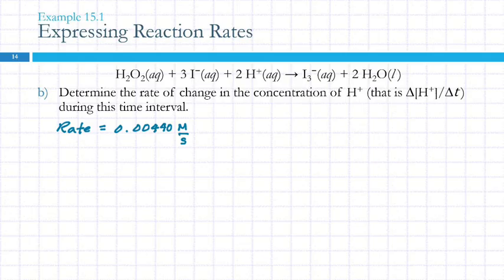Well, we can relate that to the rate. So here we're talking about a reactant, so it's going to be negative. The coefficient's 2, so it's 1/2 times the change in the hydrogen ion concentration, the sad triangle, divided by the change in time.